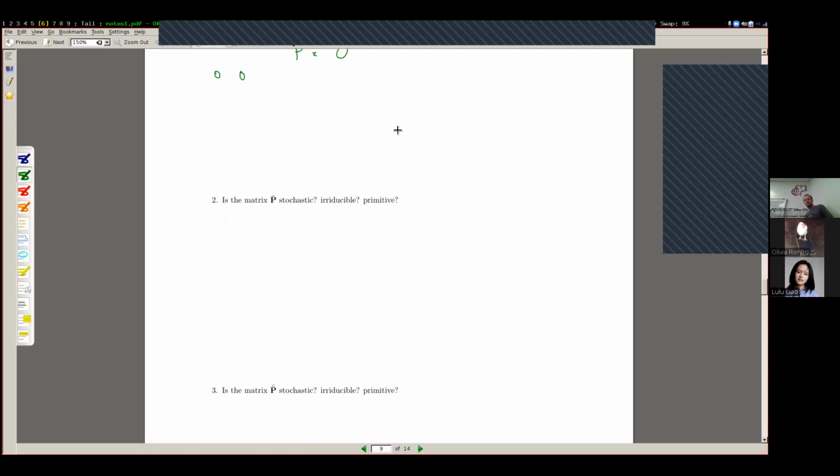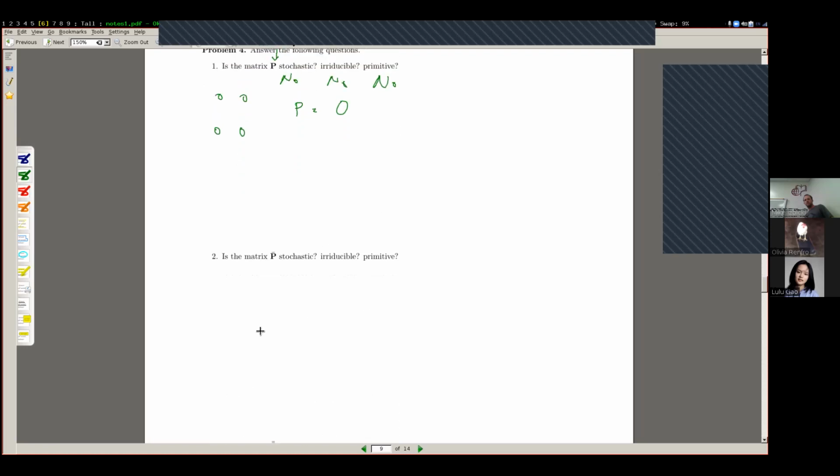Okay, so then the matrix P bar, how is P bar different than P? The idea of P bar is that all of the 0 rows of our P matrix, we replace with a sort of uniform distribution vector. So in this example right here, this P would be 0, P bar would be equal to 0 0.5, 0 0.5, 0 0.5, 0 0.5. Because the only difference between P bar and P is that we replace all 0 rows.